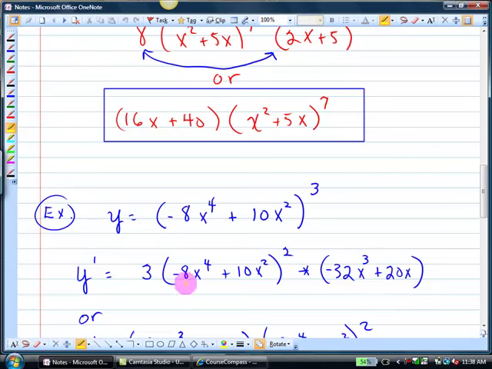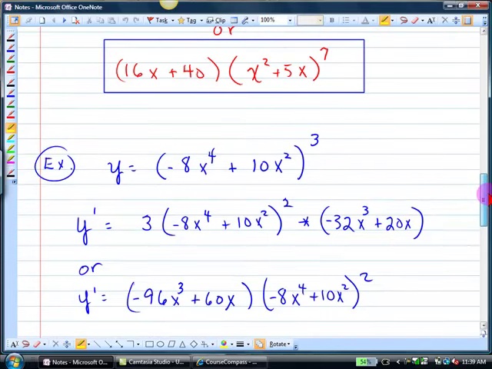And the derivative of what's inside is negative 32x to the 3rd plus 20x. Does that make sense? Derivative like you know how to do times the derivative of what's inside. Okay? And then the only thing you might do is go ahead and multiply your 3 times this, and we'd get this. And you have negative 8x to the 4th there.